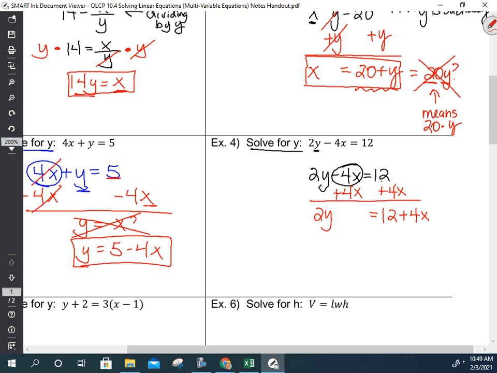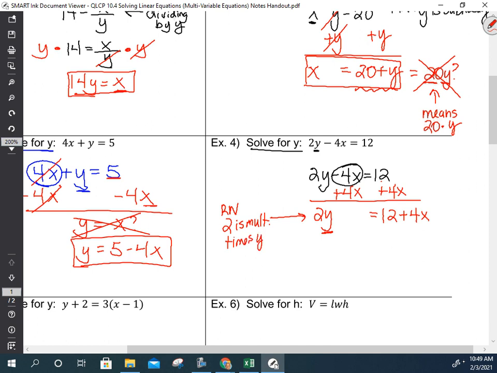All right, so we moved the x over, but we still don't have y by itself. That 2 has got to go. Right now, 2 is multiplying y.